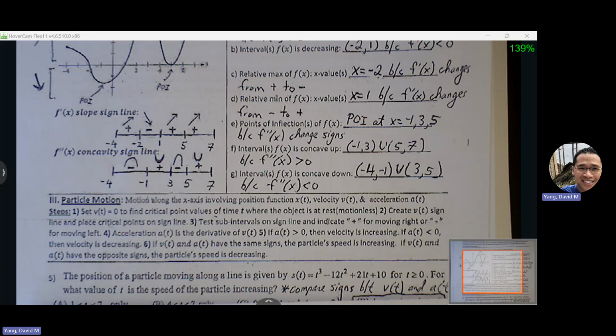So see if you can find your velocity function, set velocity equals 0, find your critical points, identify your signs along your sign line, and do the same thing for acceleration.